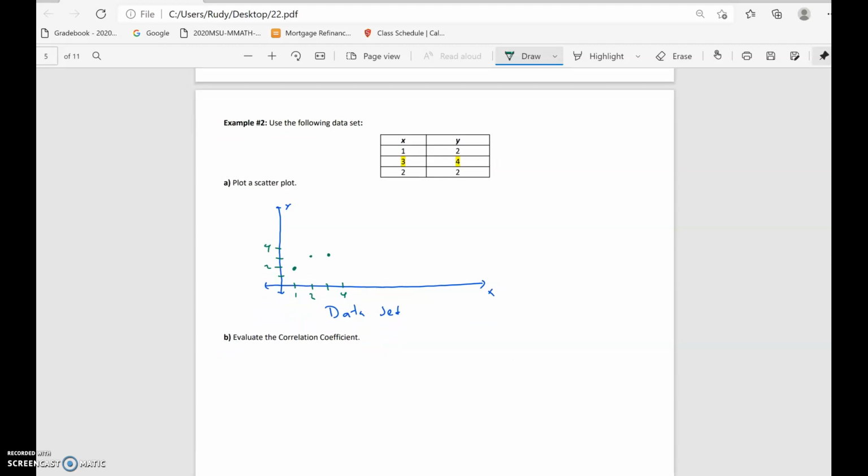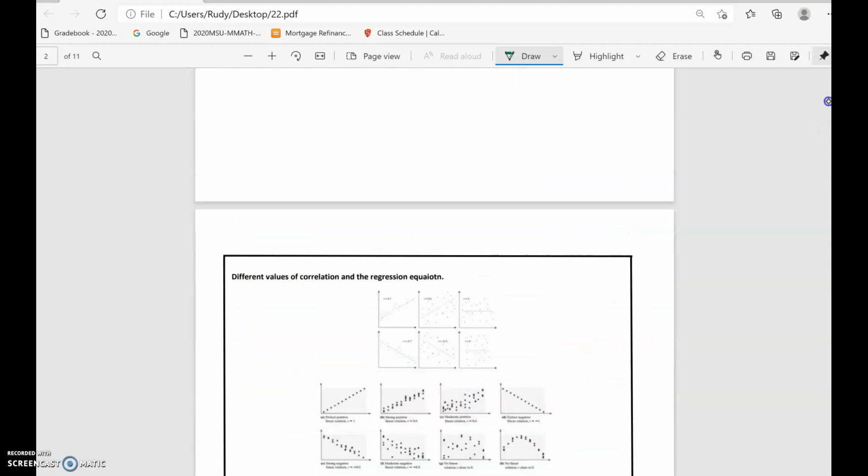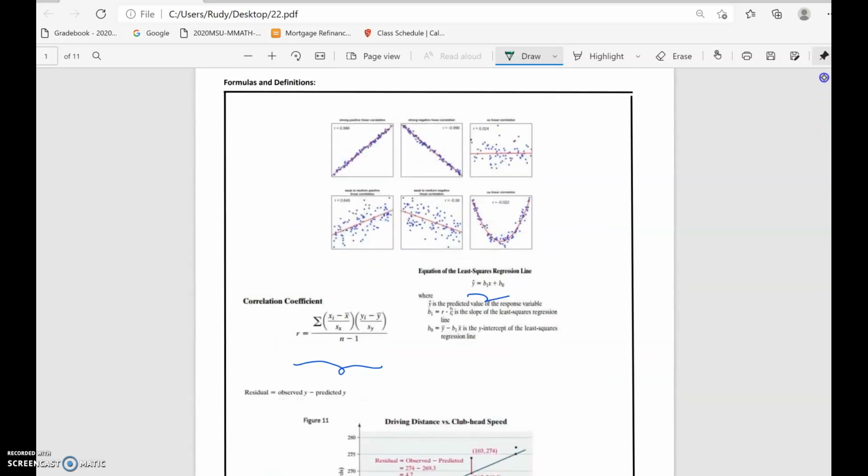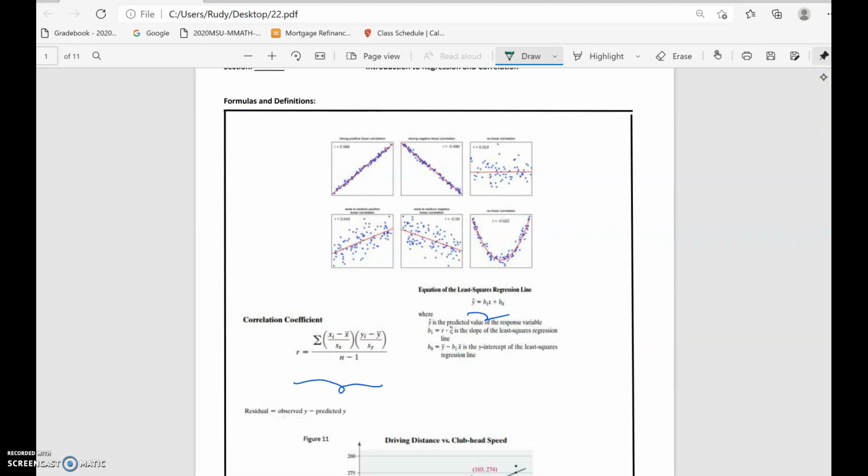Now, what we're evaluating in this portion for B is the equivalent or the closest value to the slope, and this is what we're going to get in terms of the correlation coefficient. Let me explain. It's a measure of how close our values happen to be within a linear pattern.